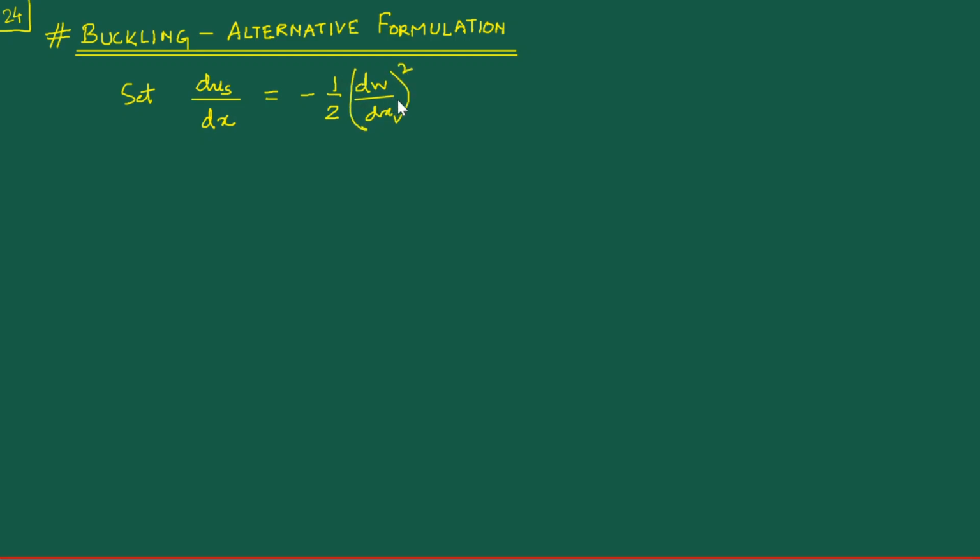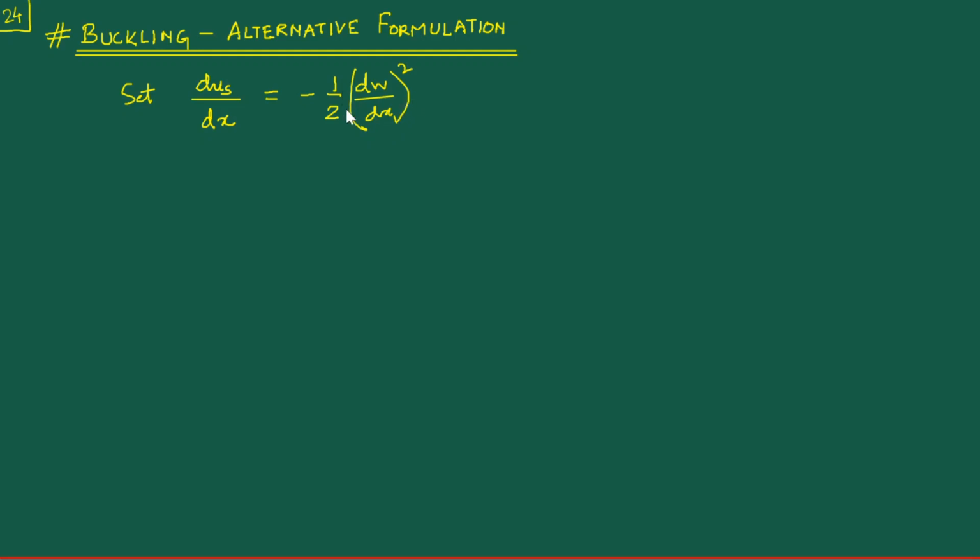Okay, now this may seem like absolutely out of the blue. Of course, none of this is going to make sense if you have not watched the previous videos, so I strongly advise you to do that, the buckling formulations as well as the example. But even if you have watched those videos, setting this kind of a thing may seem absolutely out of the blue. So what is exactly going on here?